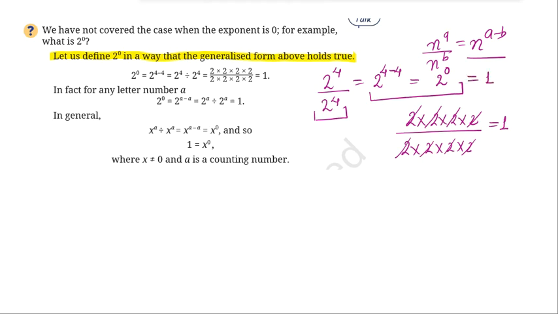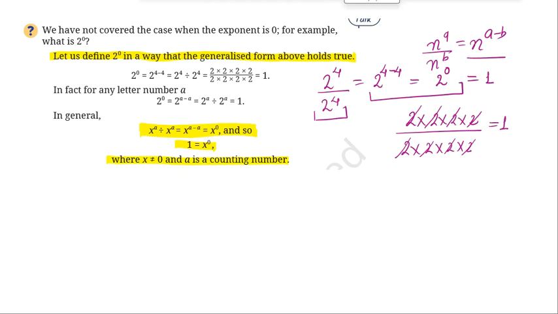Hence, in general, we can say that if we have x to the power of a divided by x to the power of a, when you divide the same number with the same base and exponent, the result is 1. And we can also say that x to the power of 0 is equal to 1, where x is not equal to 0 and a is a counting number.